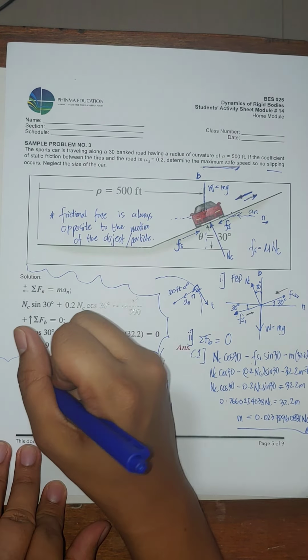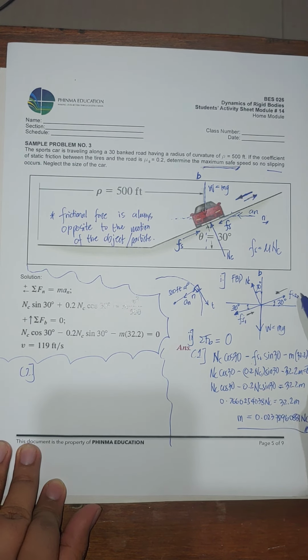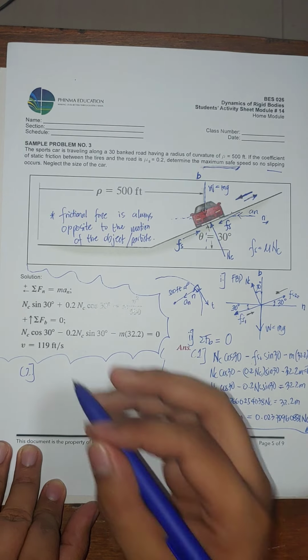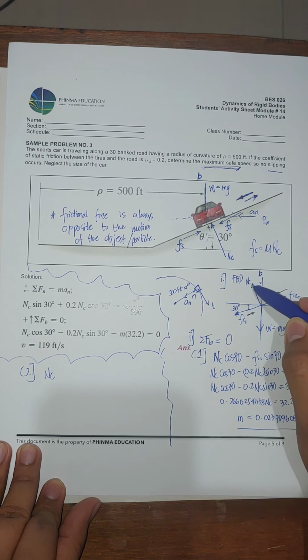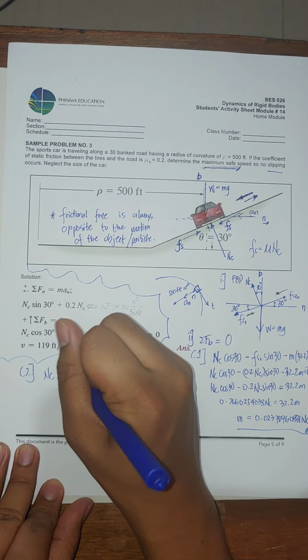For our case 2, the friction is moving upward because the car is sliding down this inclined road. So the binormal component of the normal force is equal to NC cosine 30.